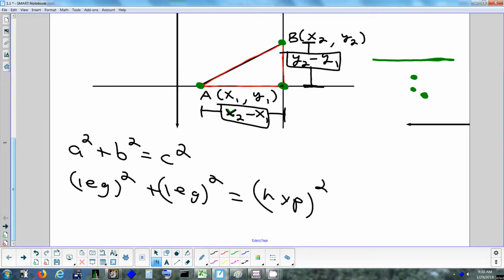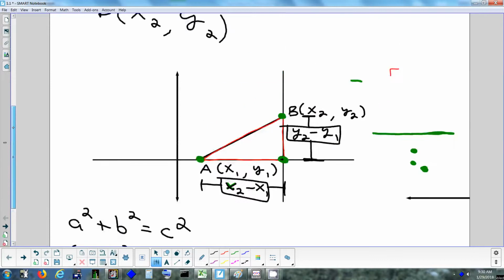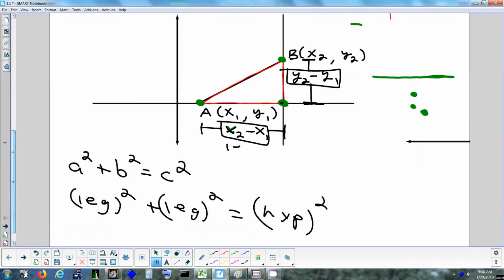Those A, B, and C are the letters that people normally use, and I knew what you meant. I just wanted to get you to say it. So, leg, leg, hypotenuse. Finding the hypotenuse is the whole goal of this problem. That's the distance formula. Okay, so let's fill it in.